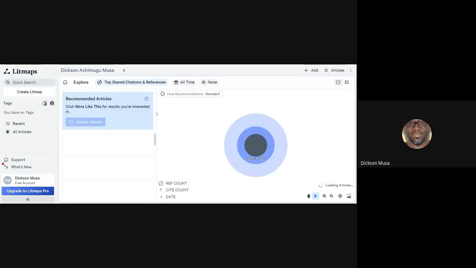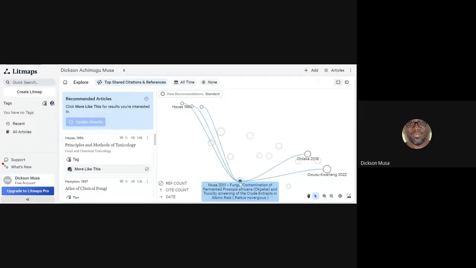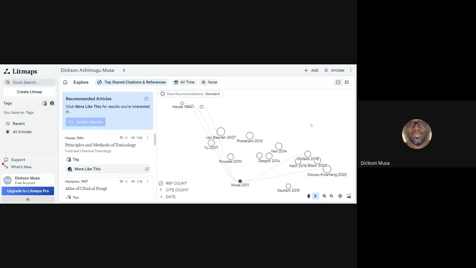So if I click on related articles, it will bring. Can you still see my screen with a lot of arrows? Yes, sir. Good. Now this is my work, Musa 2011. It has given me a map of other work that are related to this.